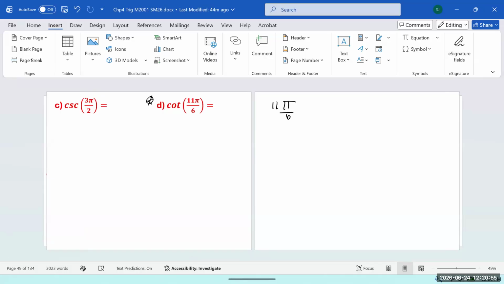Let's find the reference angle first. Reference angle. Now 11 pi over 6 is closer to how many pi over 6? 1 pi over 6 or 12 pi over 6? 12 pi over 6. So we are going to subtract 12 pi over 6.